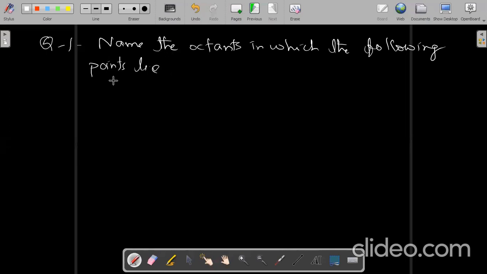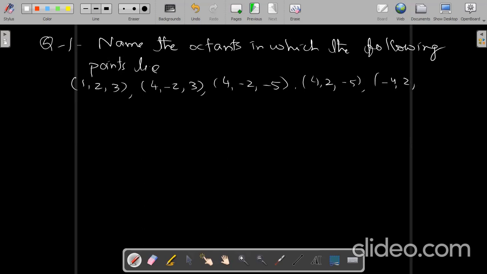We have given the points: 1, 2, 3; 4, minus 2, 3; 4, minus 2, minus 5; 4, 2, minus 5; minus 4, 2, minus 5; minus 4, 2, 5; minus 3, minus 1, 6; and 2, minus 4, minus 7.